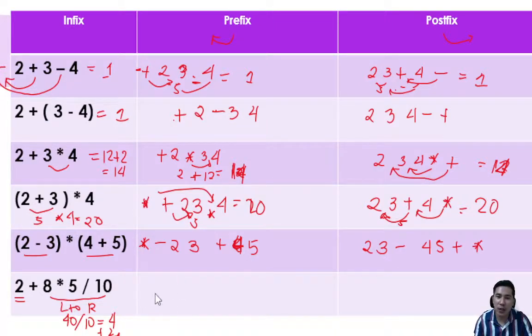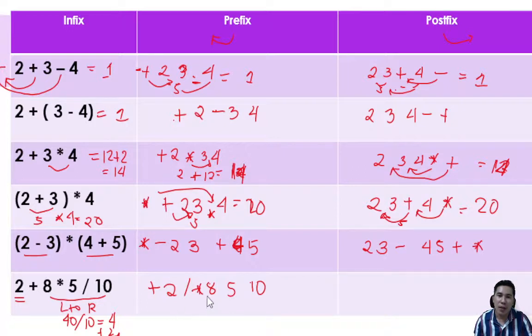So the conversion could be first is plus 2, okay? And then after that, sorry, you do 8 and 5 first. So 8, 5, here is the multiplication. And then for your 10 operand, and next to that is the division.